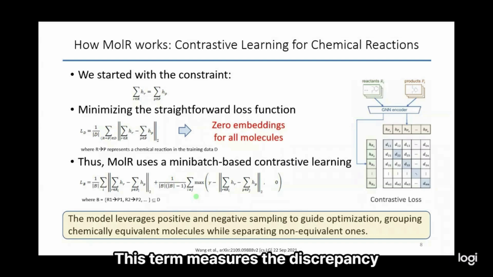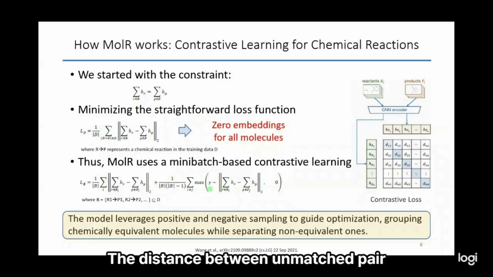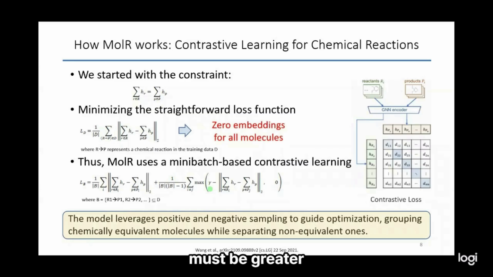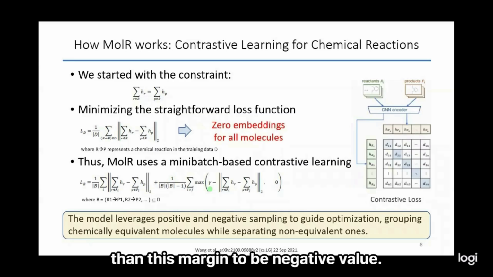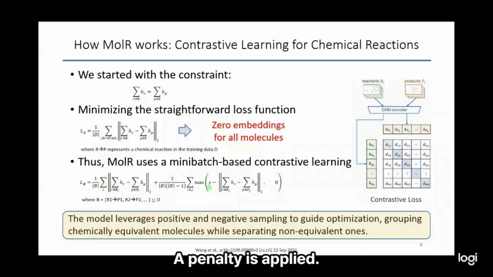This term measures the discrepancy for such negative pairs and applies a margin, gamma. The distance between unmatched pairs must be greater than this margin to be a negative value. If the distance falls below gamma, a penalty is applied.